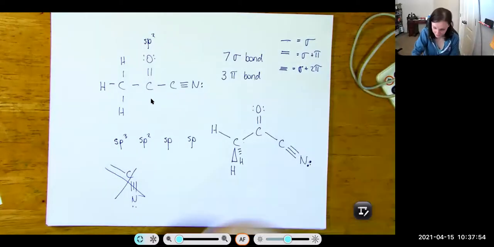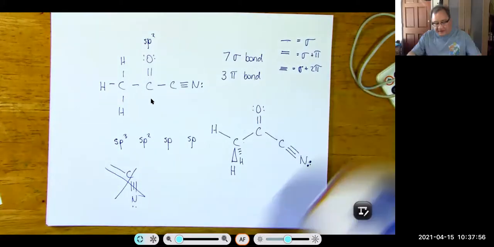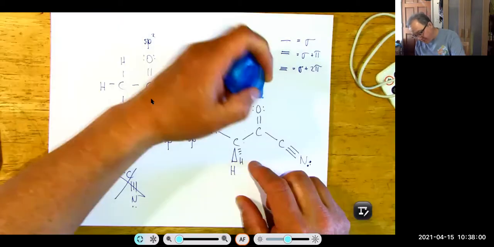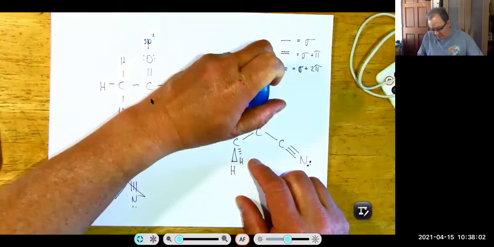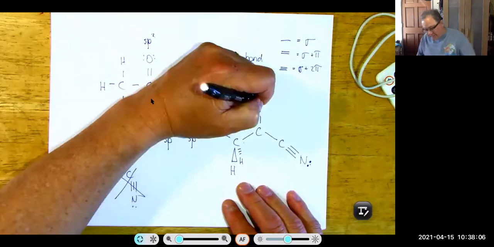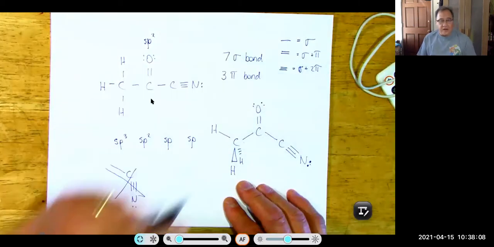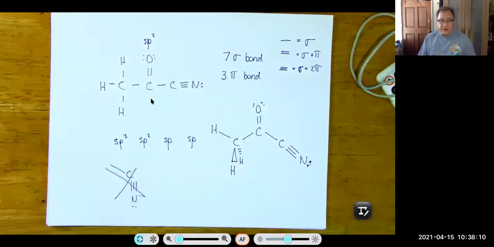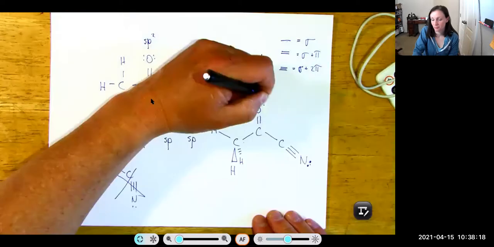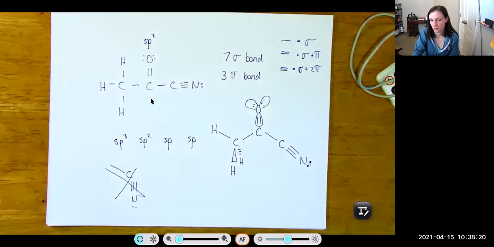The only thing that we could do to improve this is the following. Now, the way I put the lone pair on that oxygen, does it look trigonal planar? Well, I guess it kind of does.